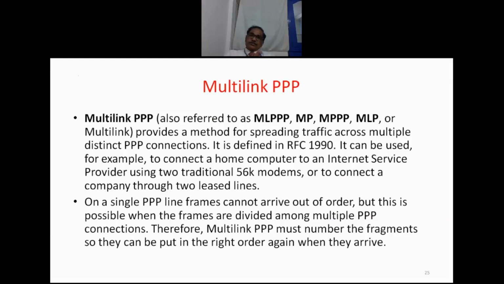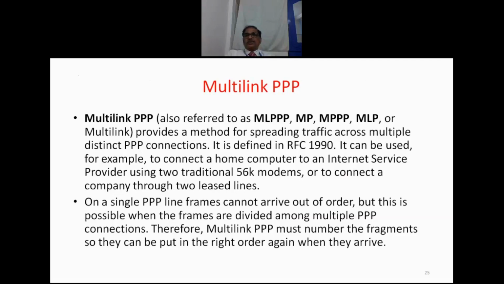When we have multiple links, one via Suryapet to Hyderabad and another via Guntur, Miryalguda to Hyderabad, some frames will move via the Suryapet link and some via the Guntur link. Suppose frame 0 leaves via the Guntur link and frame 1 leaves via the Suryapet link. Frame 1 may arrive at Hyderabad first, and frame 0 may arrive later.